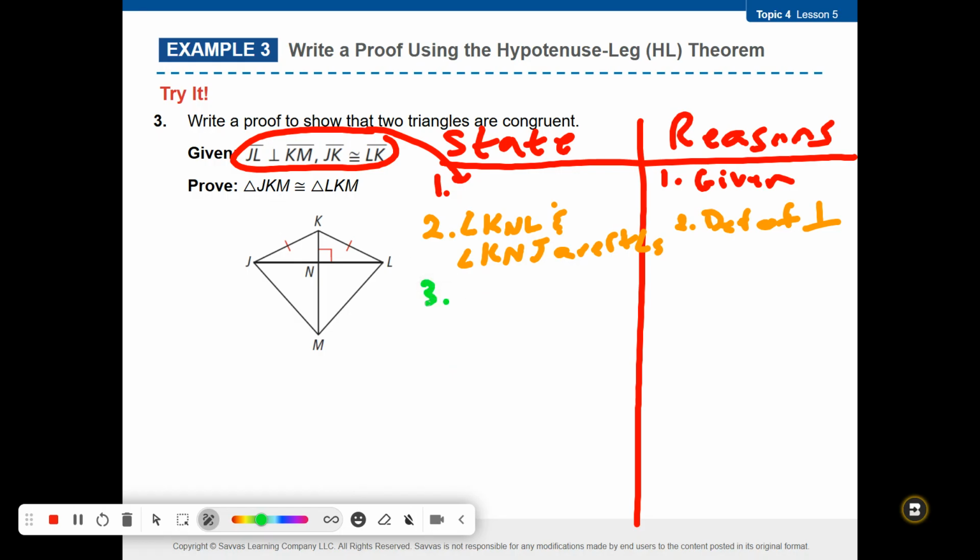And because those are right angles, I can state that they're what? Congruent. Yep, exactly. So I state that angle KNL is congruent to angle KNJ by the right angle congruence theorem.